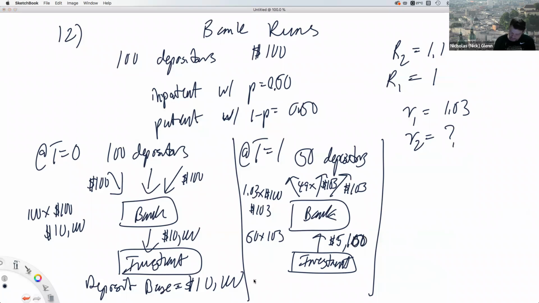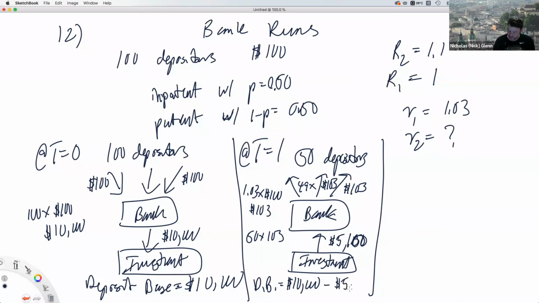So how much is going to be left in the deposit base now? Remember, we started with 10,000, and it's not going to earn any interest on this.